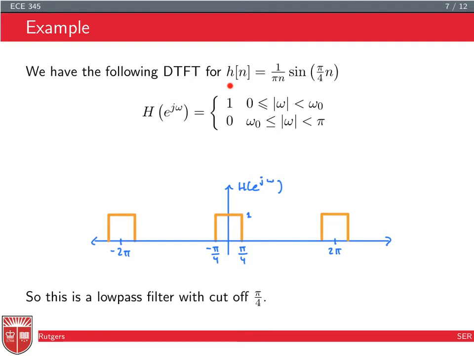So if h of n is 1 over πn sine of πn/4, then the DTFT of it is the low pass filter with cutoff frequency here π/4. So ω0 is π/4. So let me write it down here.